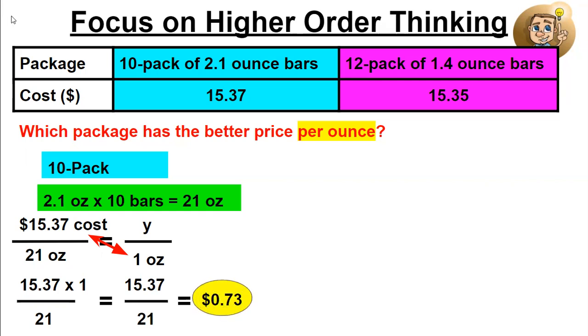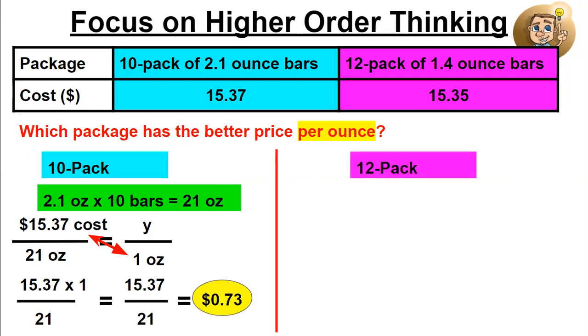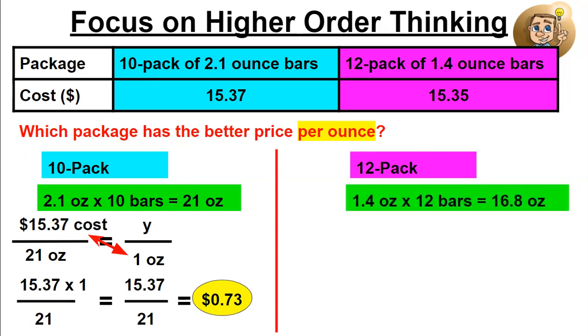Now let's do the 12-pack box. We have to figure out how many ounces are in that. Well, each bar is 1.4 ounces, and we have 12 bars in that pack. So multiply that. You get 16.8 ounces in that box. Set up a proportion. That box costs $15.35 divided by 16.8 ounces in the box.